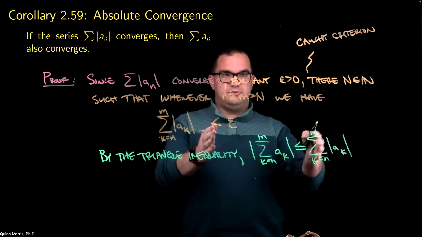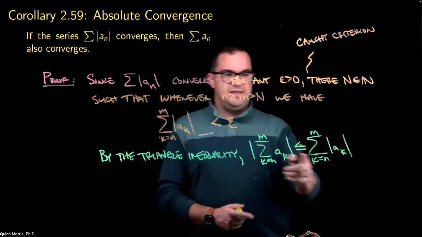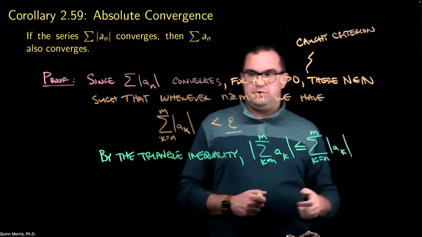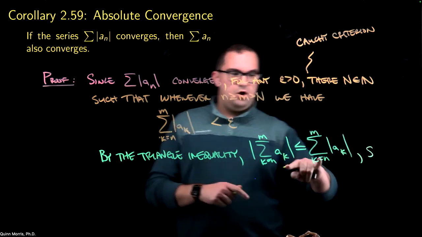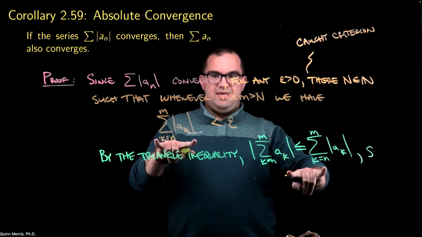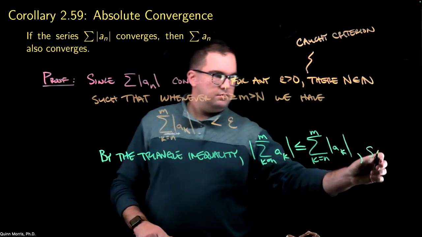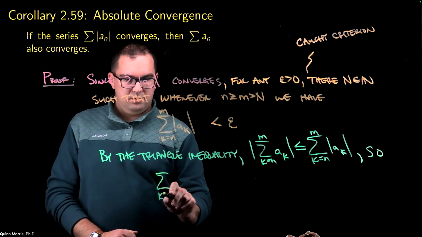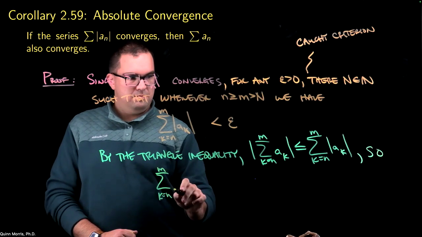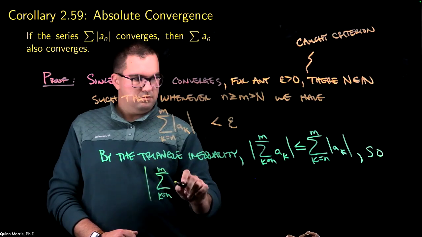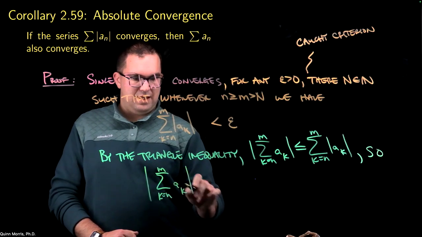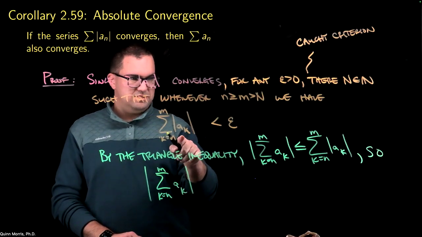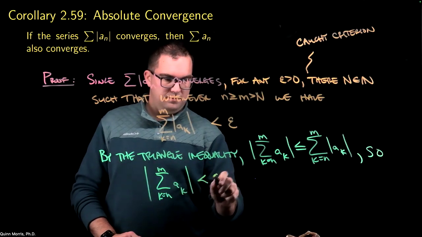This is just saying I have the absolute value of a sum of a bunch of things that's less than or equal to the absolute value of each term, summed all together. Combining this and this, we see that the absolute value of the sum k equals n to m of the a_k has to be less than or equal to this, which is the same as that, which is less than epsilon.